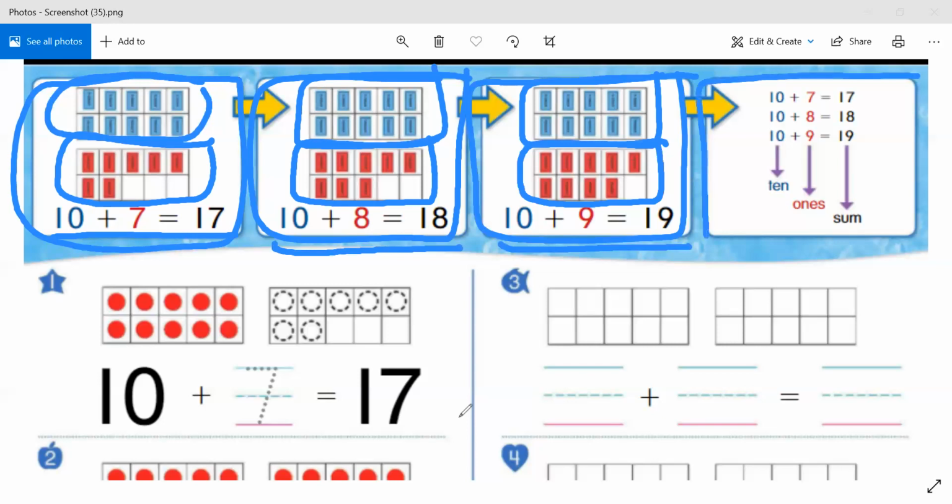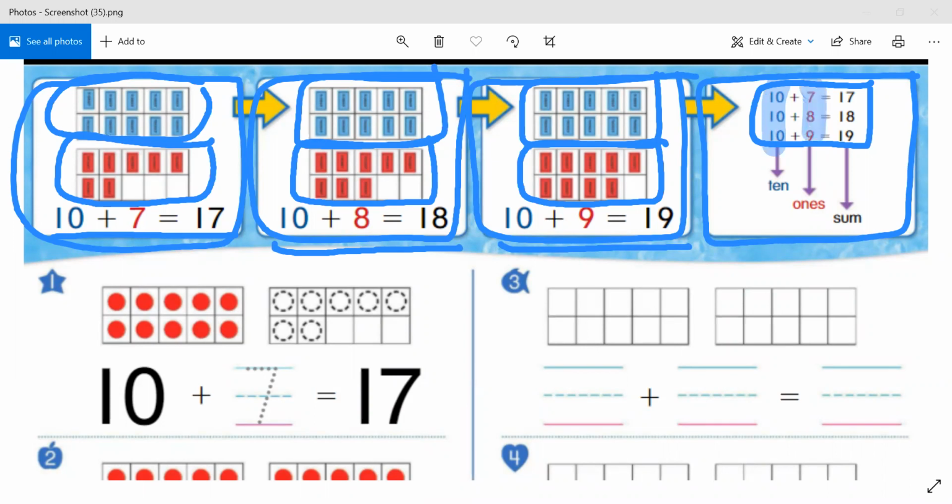Let's look at our last box right here. How are these number sentences alike? We have 3 number sentences here. How are they alike? They all begin with 10, right? And they all have some ones added.